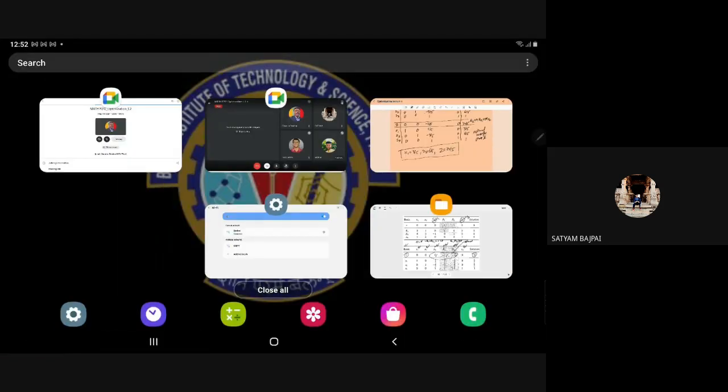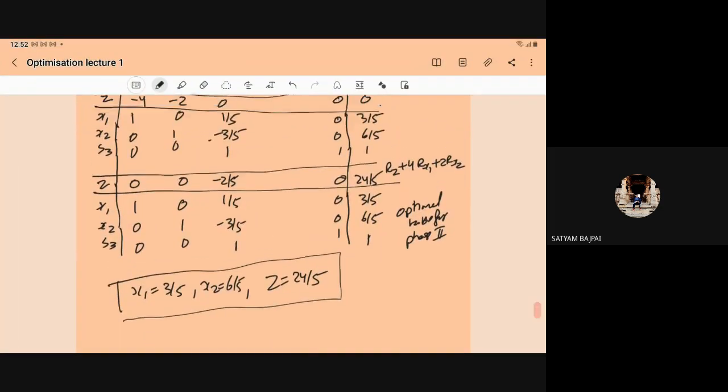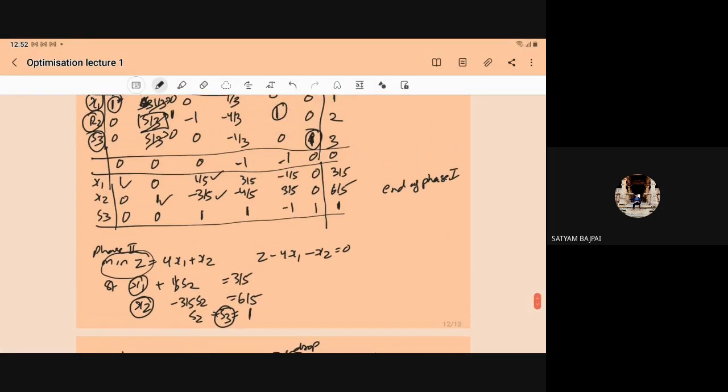So from the phase 1, what you have obtained?